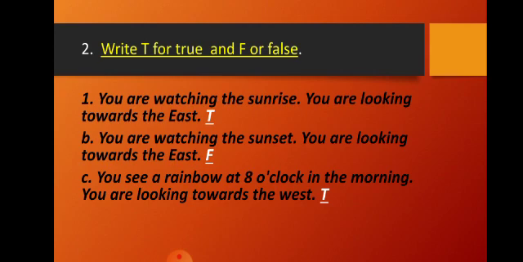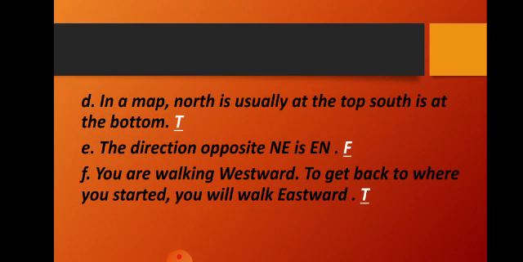Mark F. C. You see a rainbow at 8 o'clock in the morning. You are looking towards the west. Mark T. That is true. The statement is true. Now, D. In a map, north is usually at the top, south is at the bottom. True.